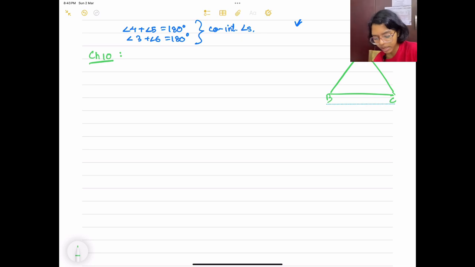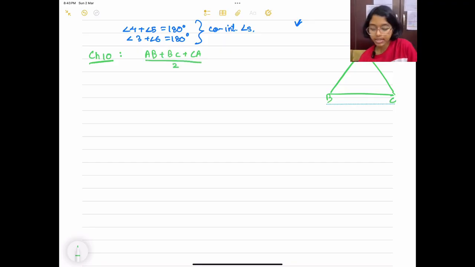We find AB plus BC plus CA. This is the perimeter of this triangle. But you need to find the semi-perimeter. What is semi-perimeter? Basically the perimeter divided by 2. Perimeter is AB plus BC plus CA, so semi-perimeter is this divided by 2. This is the semi-perimeter, denoted by the letter S.